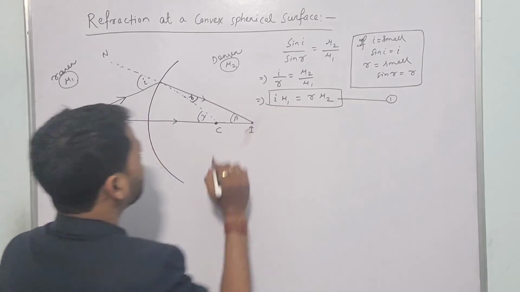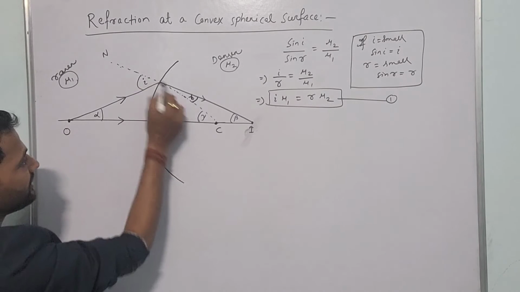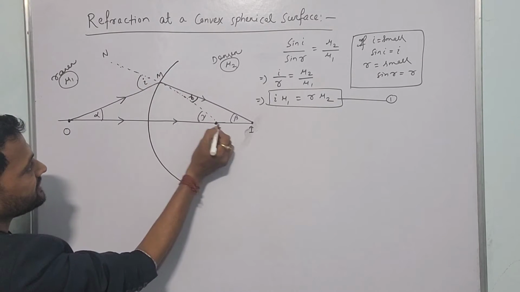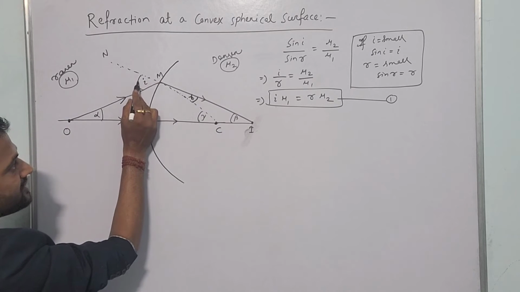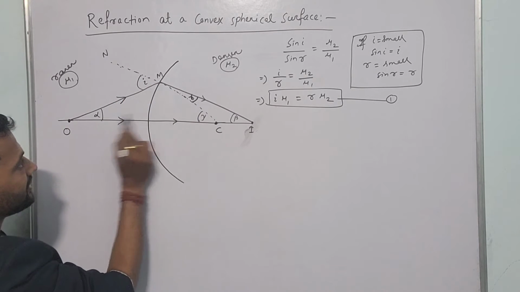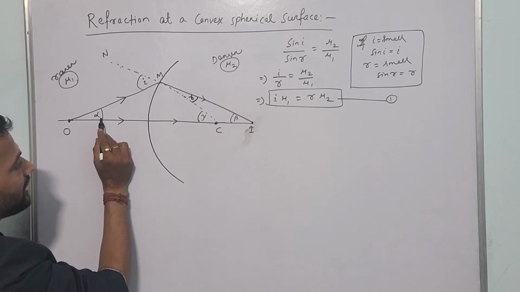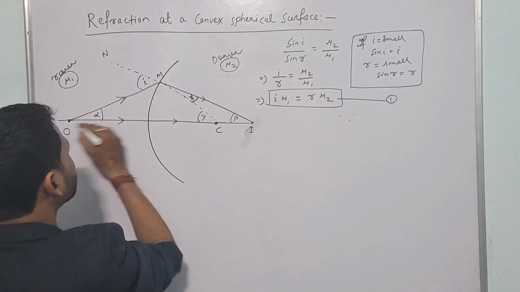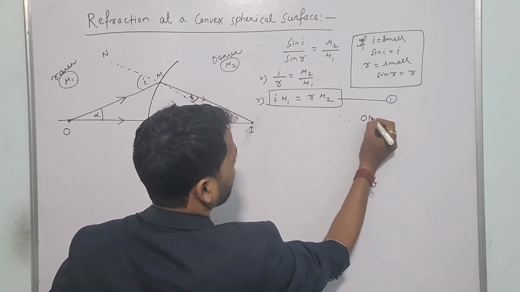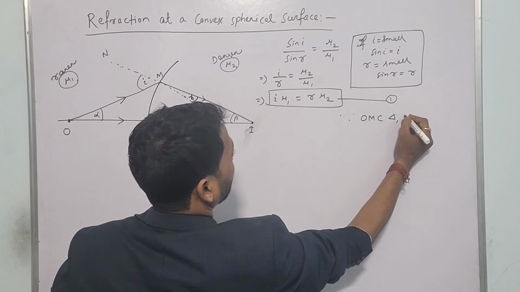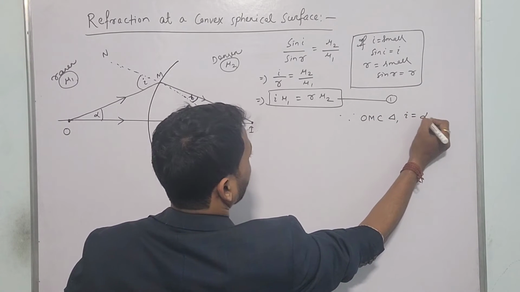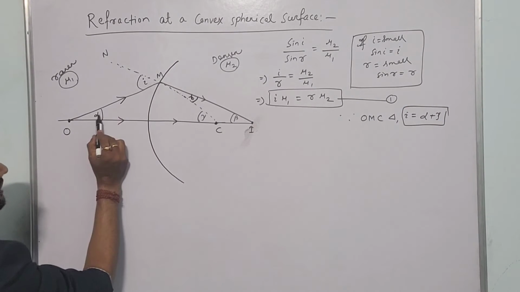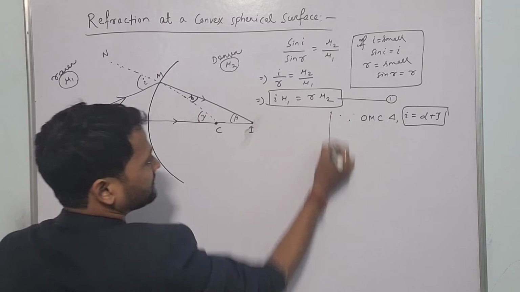So what is i, what is r? See, this is a triangle O, let this point be M, OMC is a triangle. i is the exterior angle, these two are interior angles. So i will be equal to alpha plus gamma. That means in this triangle OMC, i will be equal to alpha plus gamma.